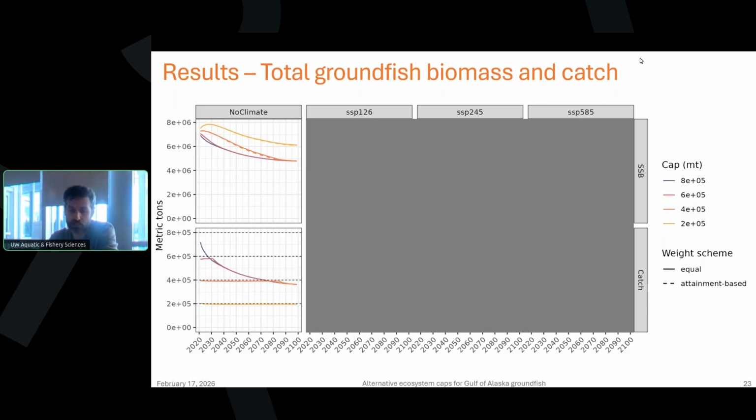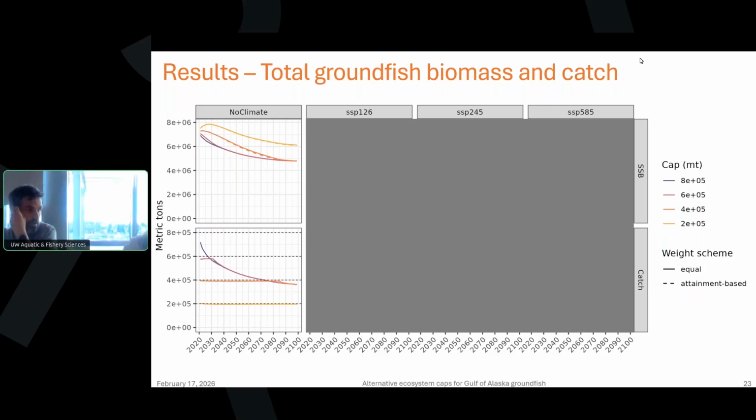Basically, the colors of the lines are the cap. Is it possible to minimize that just for the folks in the room? Yes. I won't be able to see if anyone has their hand raised. If you have a question online, please unmute yourself, or you can put it in the question box. I'll keep that small in the corner.